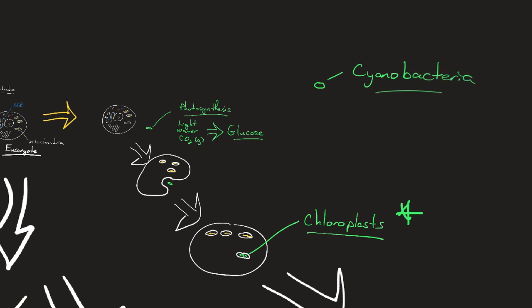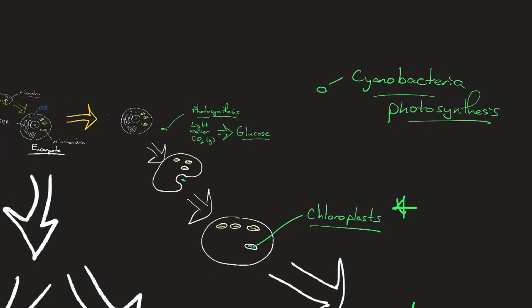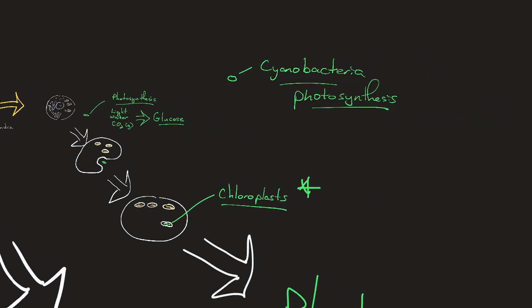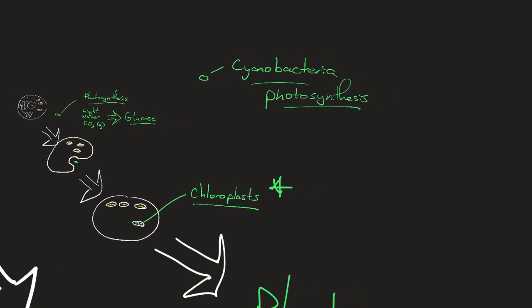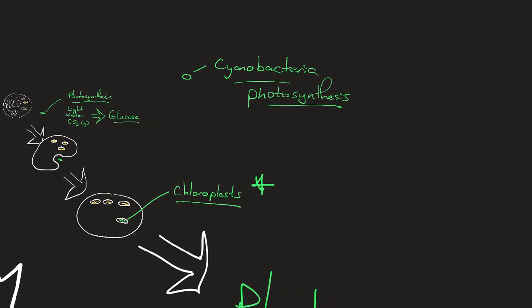Cyanobacteria are bacteria that do photosynthesis. In fact, when we compare the DNA of cyanobacteria to that of chloroplasts, the DNA in the chloroplasts and the DNA in cyanobacteria are very similar.